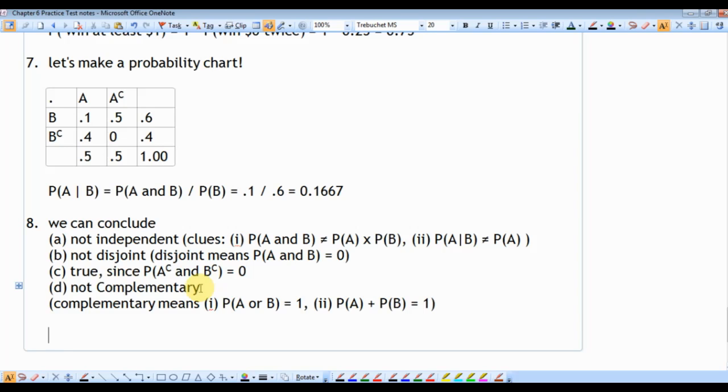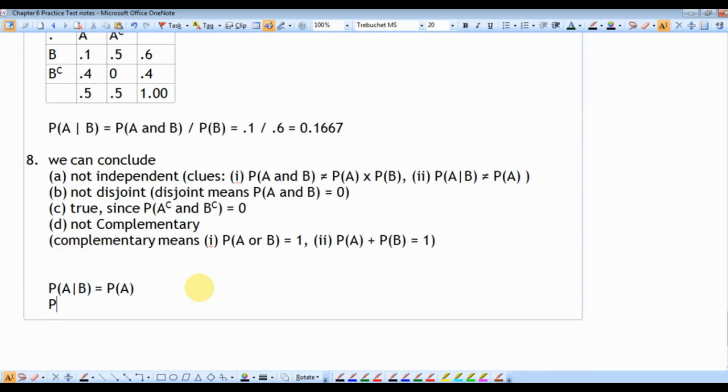If two events are disjoint, how are they not independent? Well, let's see. Independent means the probability of A given B is equal to the probability of A, right? If disjoint, the probability of A and B is equal to 0.